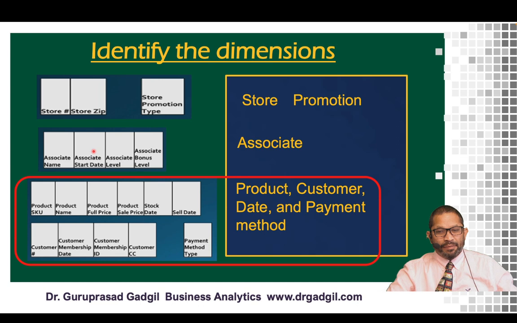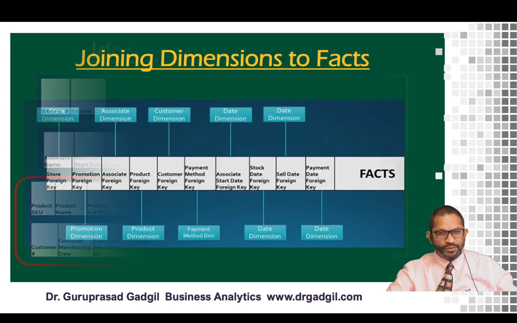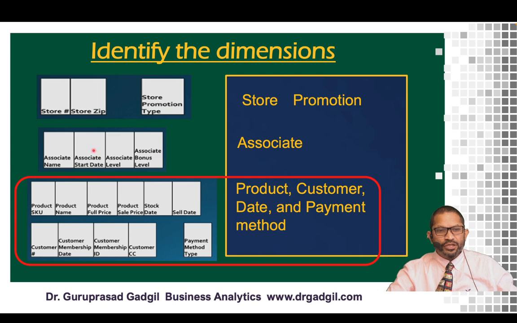For example, the associate dimension. See here it is, the associate dimension will include the associate name and the associate bonus level column, as well as other columns that we don't know.